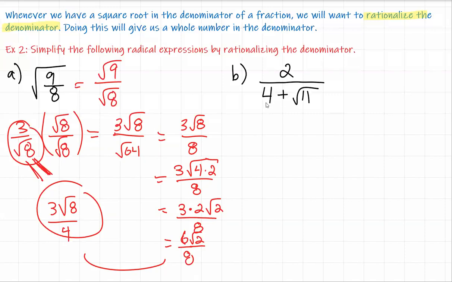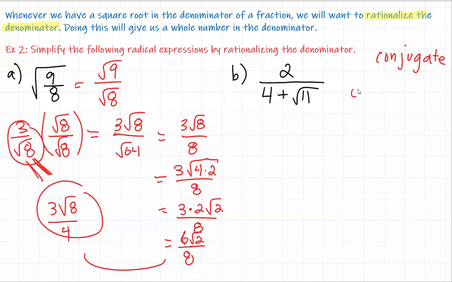Okay, now what happens when we have this going on? We have something plus something, at least one of those somethings being a radical. Both of these can be a radical, or in this case, one of them can be a radical. Whenever that happens, we're going to use what's called a conjugate. Okay, and what the conjugate does is it's the same thing.